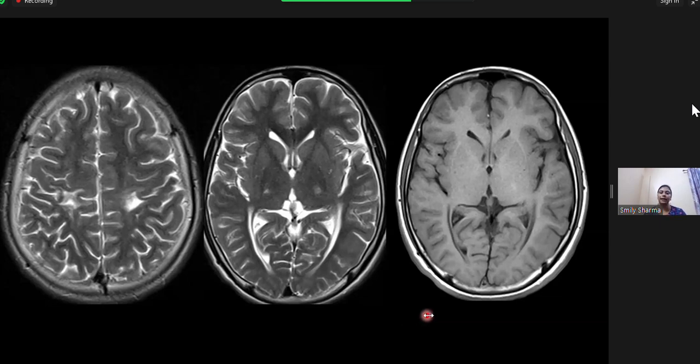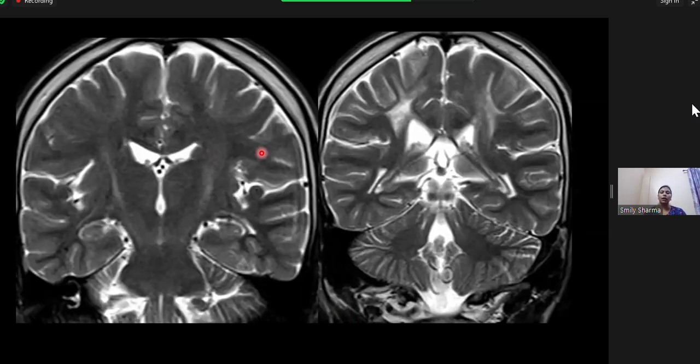So someone is saying Pecan, Polgy. So we'll see the other images. What are we seeing? We are seeing the involvement of the pericentral white matter. We are seeing the involvement of the corticospinal tract, yes, very good. We are seeing abnormal signal intensity along the corticospinal tract, and we are seeing the involvement of the optic radiations.